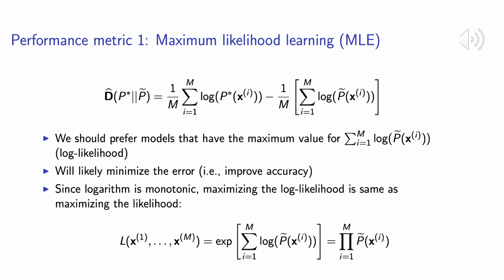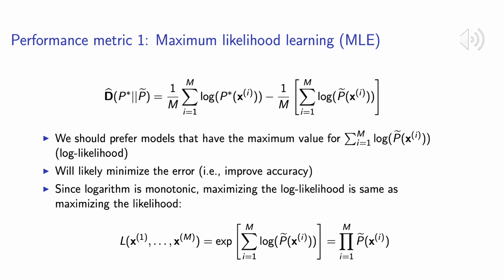Thus, from the previous slide, it is obvious that we should prefer models that have the maximum value for the log likelihood score, which is the sum over all the samples of log of P tilde of that sample.